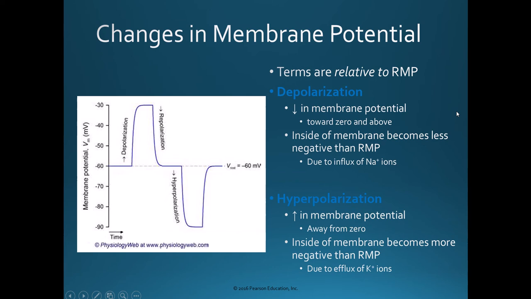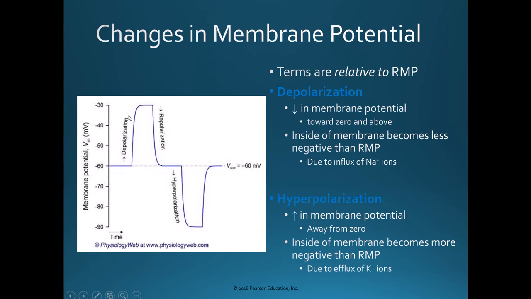So we're going up or down in terms of changing our membrane potential in relation to that resting potential value. If we make the membrane less negative, closer to zero, even potentially positive, then that is called depolarization.